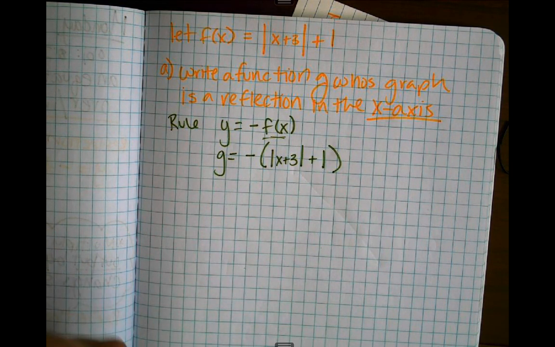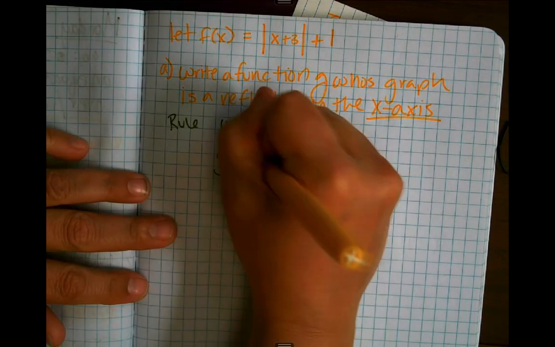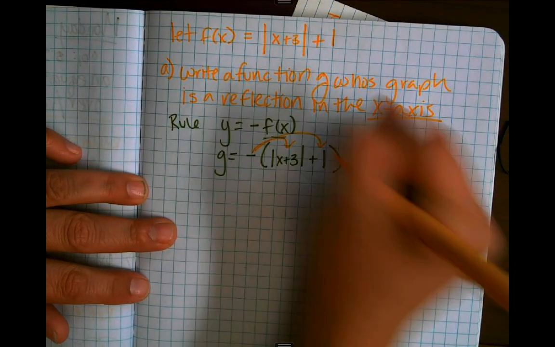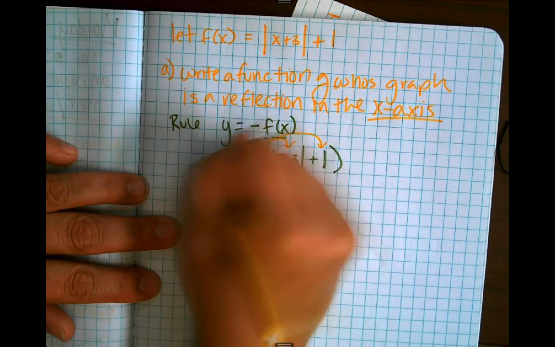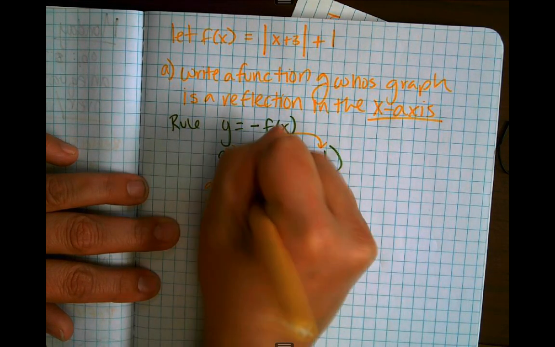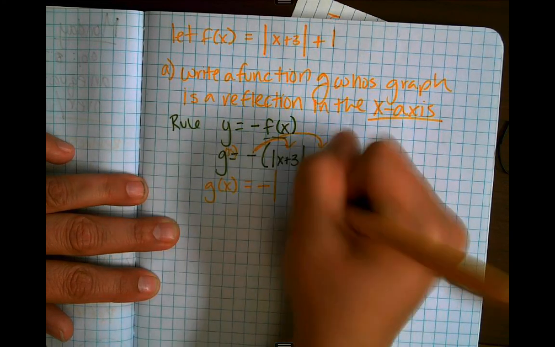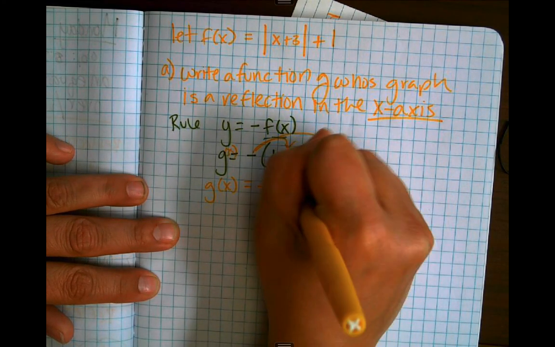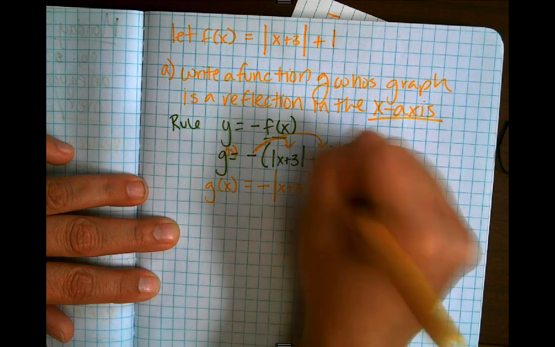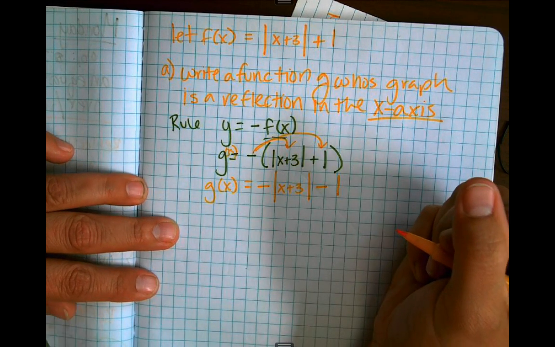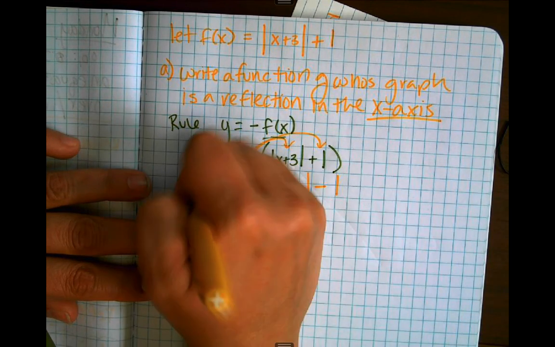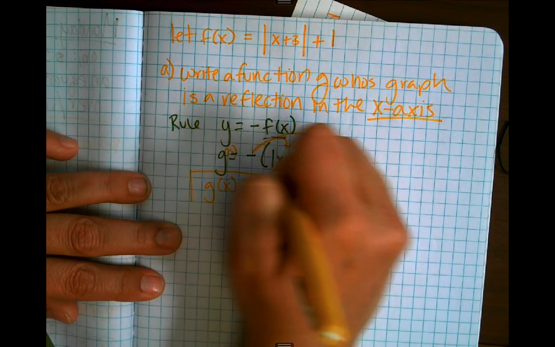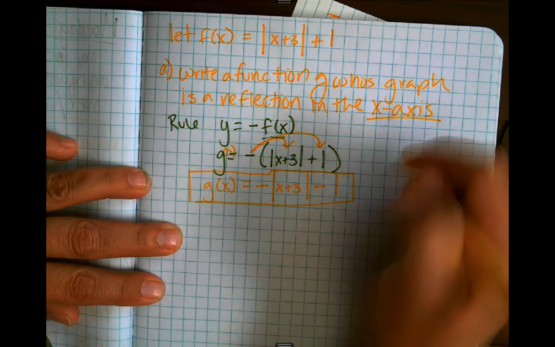So this negative needs to go to each part. Oh, I forgot the absolute value of x. Sorry. So g of x equals negative absolute value bars x plus 3, minus 1. And that's all you do. This is your new function. And if you put it in the graphing calculator, you can check it.